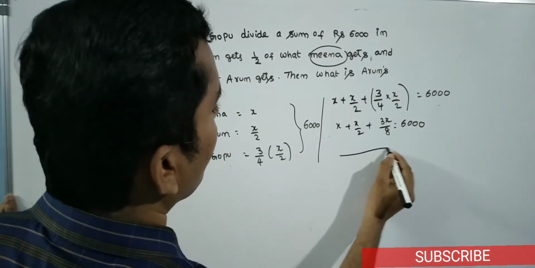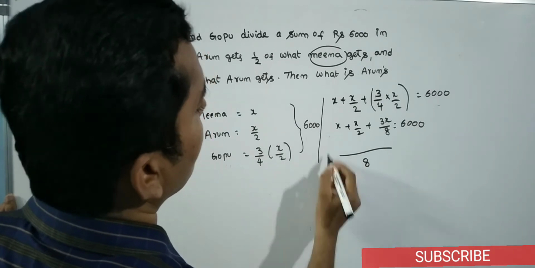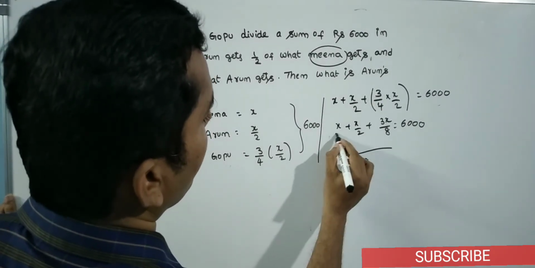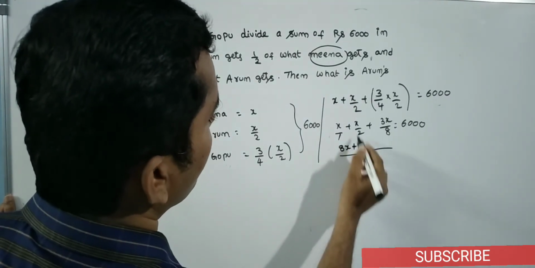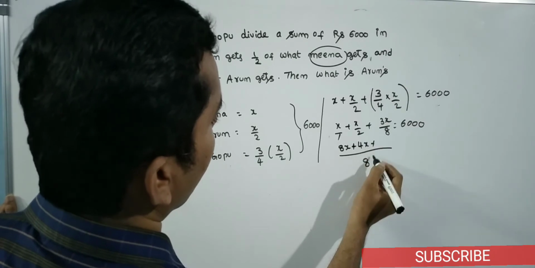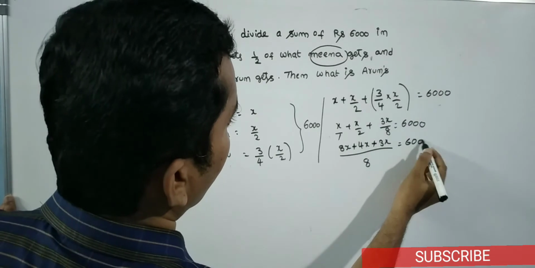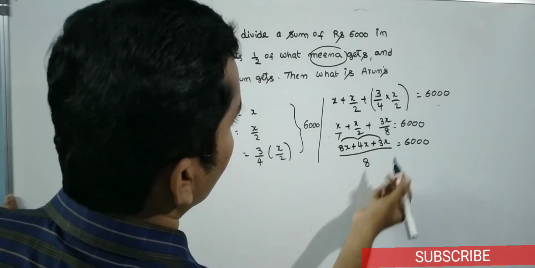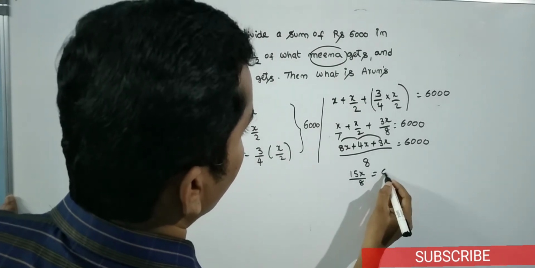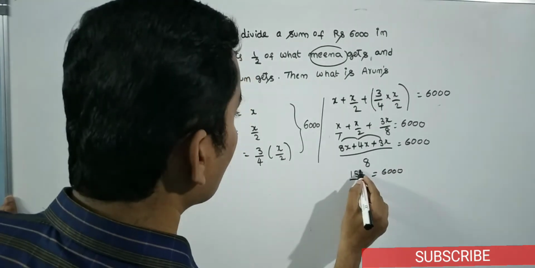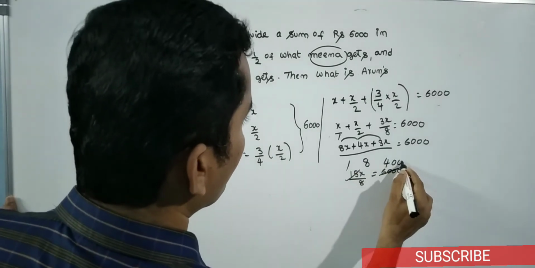Then go for LCM. What is LCM? LCM is 8. 8 ones are 8x plus 4x, plus 3x equal to 6,000. Then total 15x by 8 equal to 6,000. 15 fours are 60, two zeros.